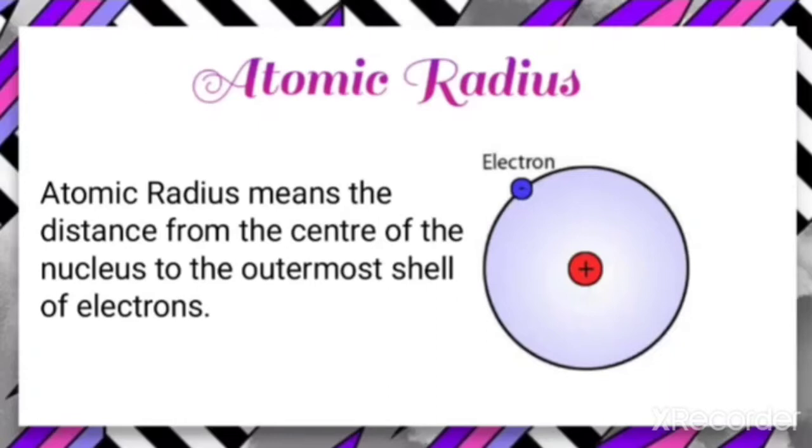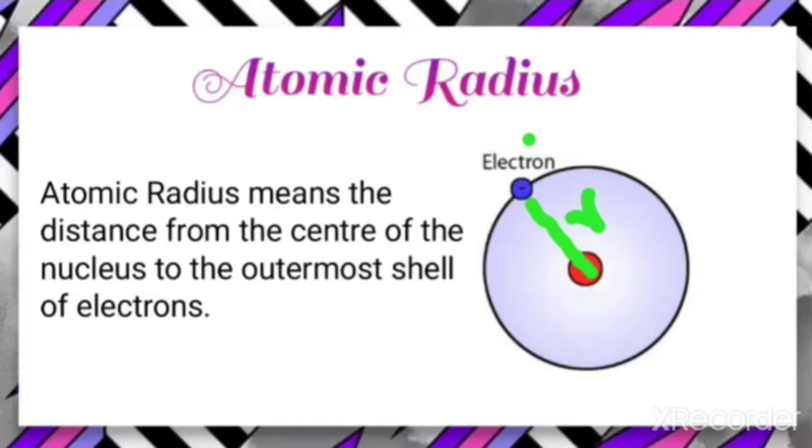So if there is an electron in the outermost orbit, then when we measure the distance from the center of the nucleus to the outermost shell of electron, that distance is taken as the atomic radius.